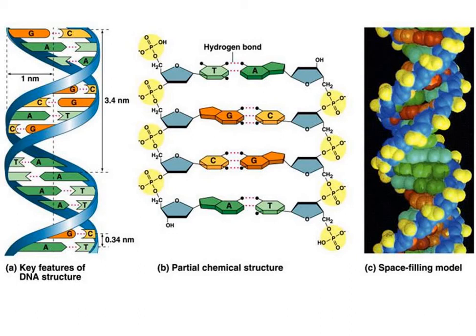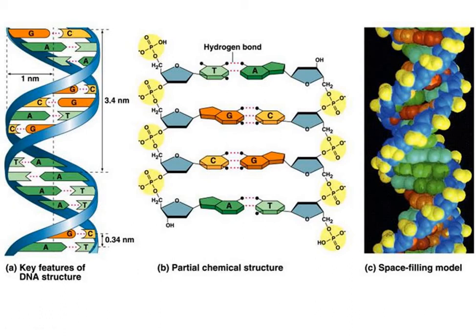The DNA molecule is composed of two polynucleotide strands running anti-parallel to each other, which I had explained earlier. The polynucleotide strand is made up of a backbone of sugar and phosphate. Now this is the backbone, which is formed of sugar and phosphate.